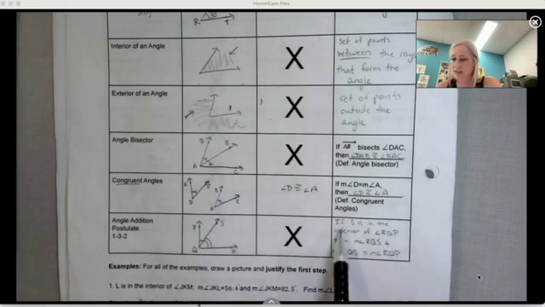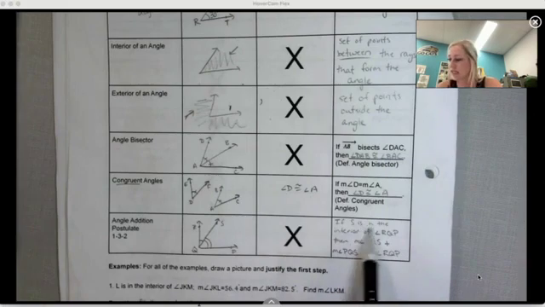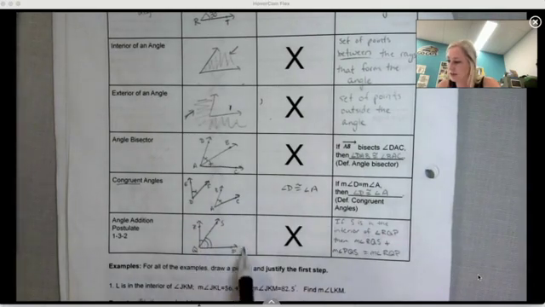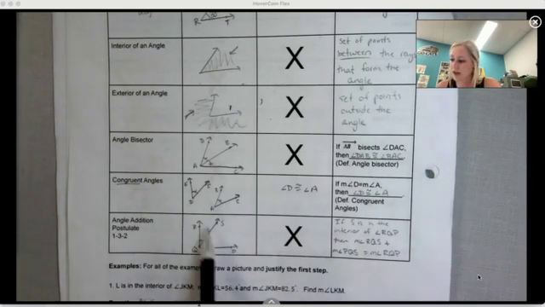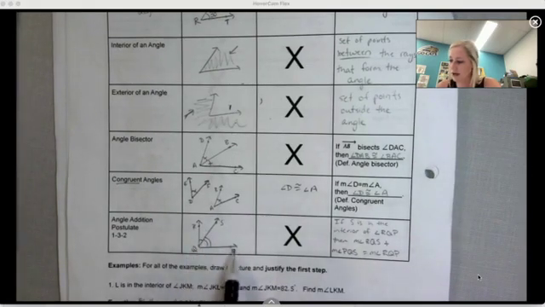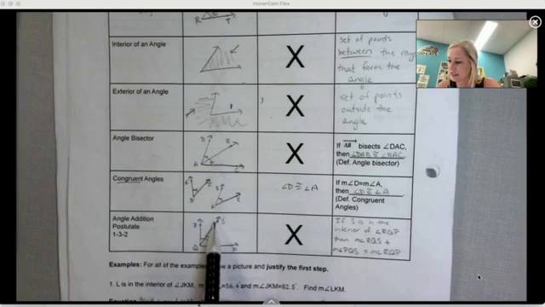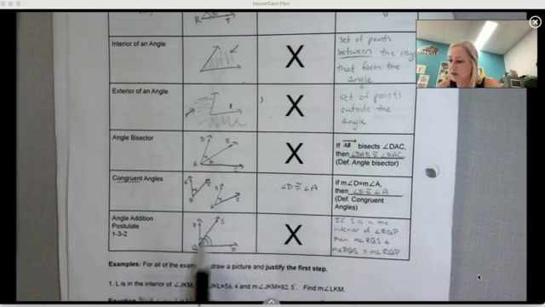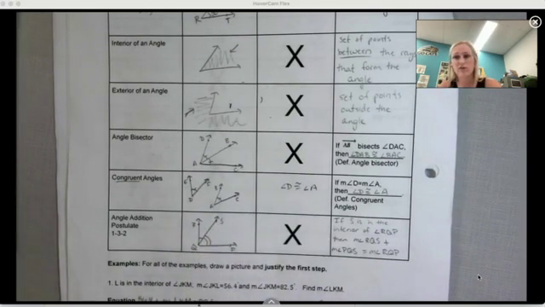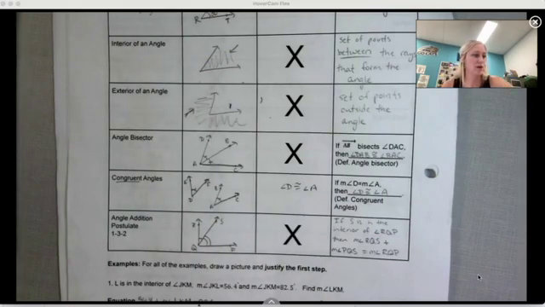So here's the postulate, what the definition says: if S, so S is a point, is in the interior, so somewhere in between this angle, RQP, so S is inside angle RQP, then the measure of RQS, this top part of the angle, plus the measure of PQS is equal to the whole thing. So it's the same as the segment addition postulate. Add the 2 parts of the angle to equal the whole angle. Okay, we're going to do a couple examples with those, you guys.